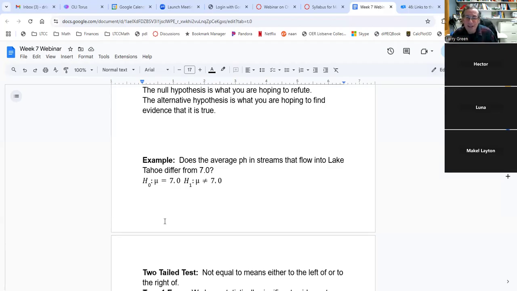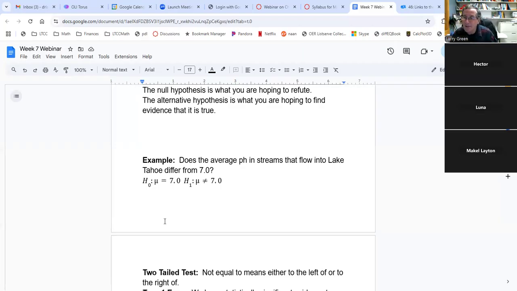So what it is, they get a bunch of volunteers, and I do it every year because I love it. Not because I'm a statistician, by the way. And what they do is they have the volunteers go and do measurements in all the creeks and streams that flow into Lake Tahoe. And they measure all kinds of things. One is pH, and there's turbidity. There's all kinds of things that they measure to see whether things are getting worse or better.